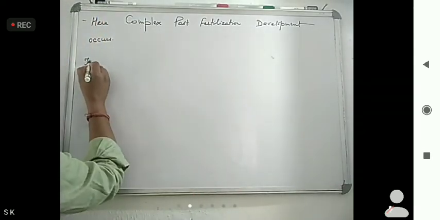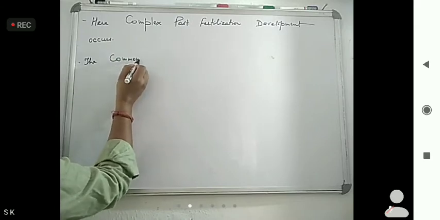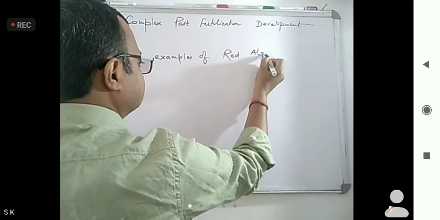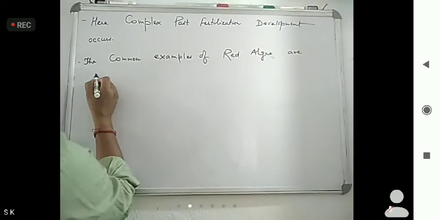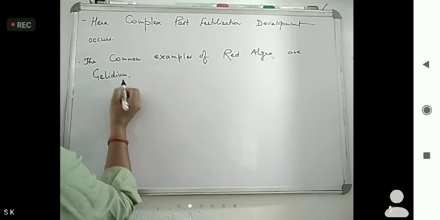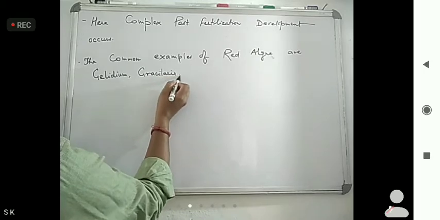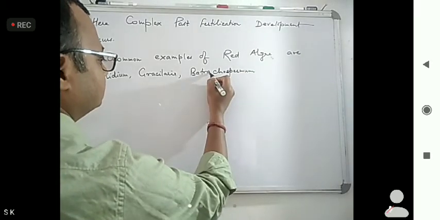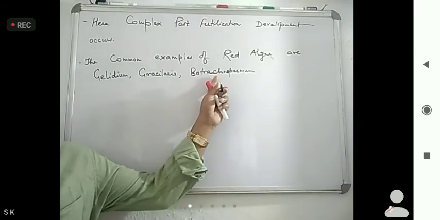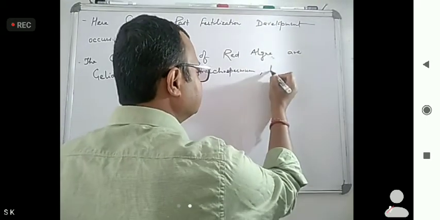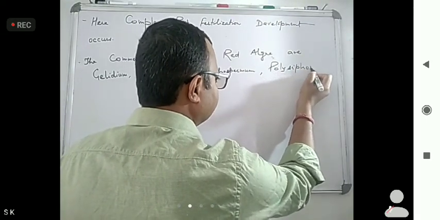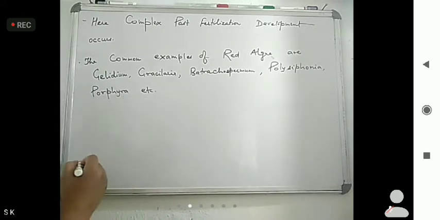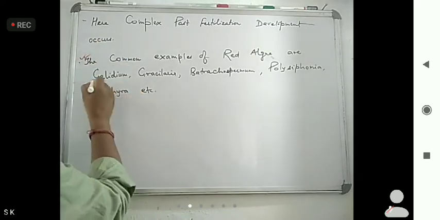So the common examples of red algae are Gelidium, Gracilaria, Batrachospermum, Polysiphonia, Porphyra, etc. So these are common examples of red algae that you have to remember.